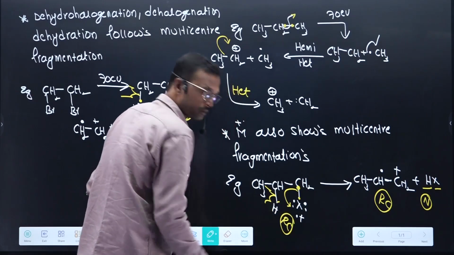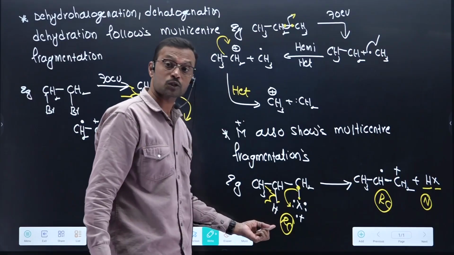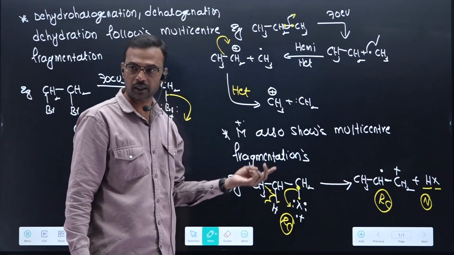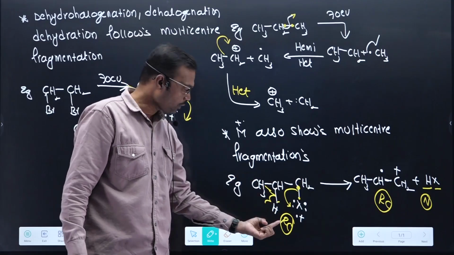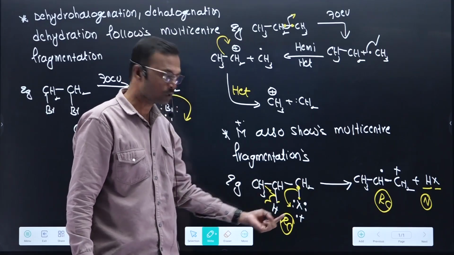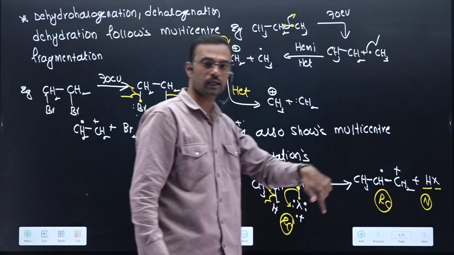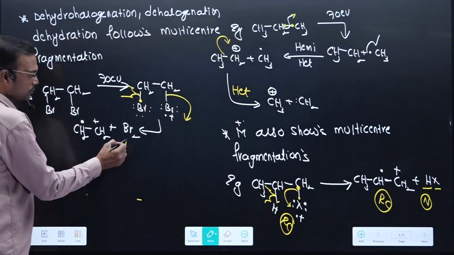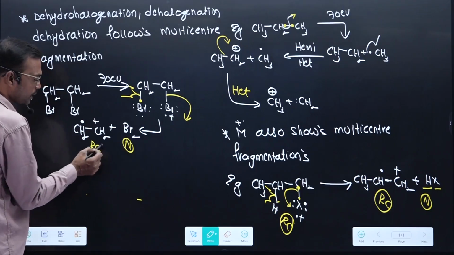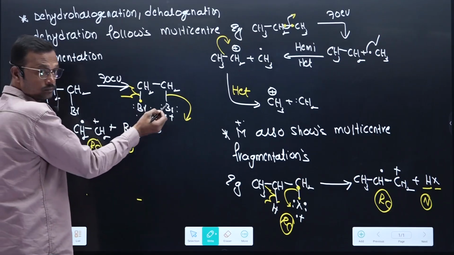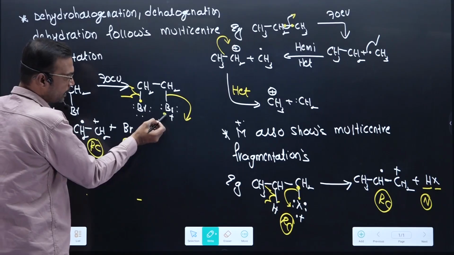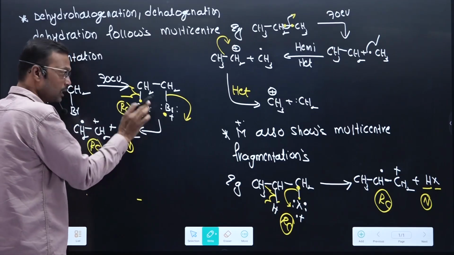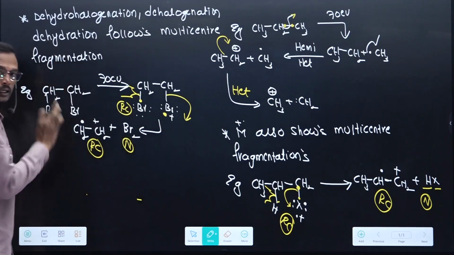When any radical cation is present, you apply this technique. This I will explain in types of ions. If any radical cation is present, that may lose one neutral and form one more radical cation. And see, here also, what is this? A neutral. And what is this? Radical cation. If any radical cation is present, it always removes one neutral and gives a radical cation.